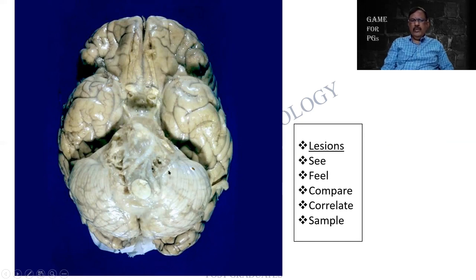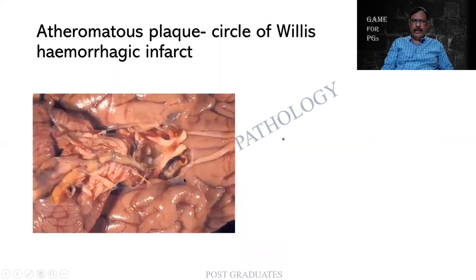This is a case of a basal meningitis with opacity of the meninges. And also, the circle of Willis is notorious for a hemorrhagic infarct, in which you will have to look for any of the atheromatous plaques as such. Yellowish in color, distended, there has been a stasis.